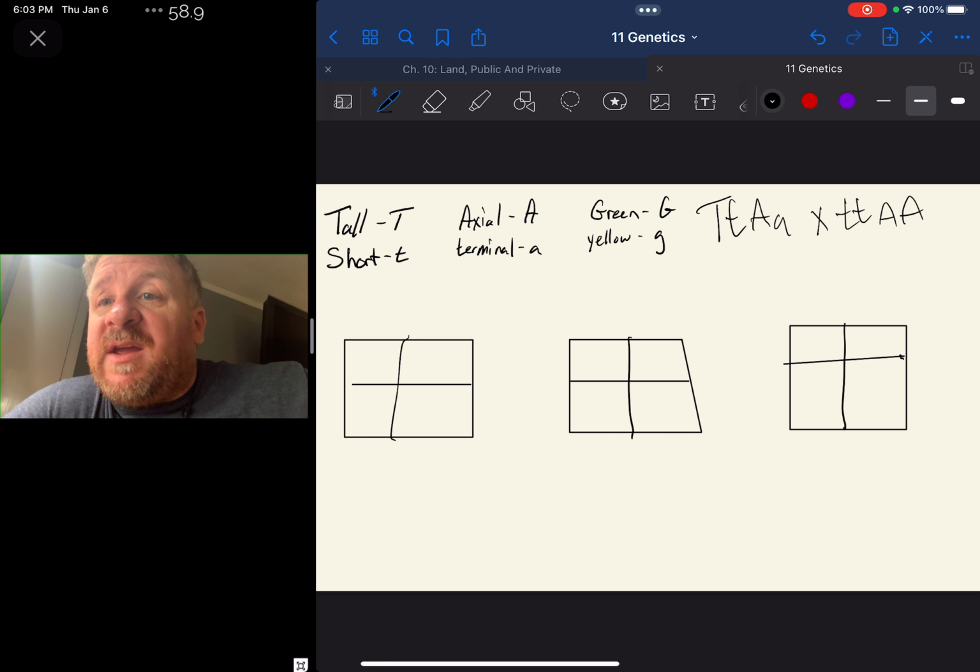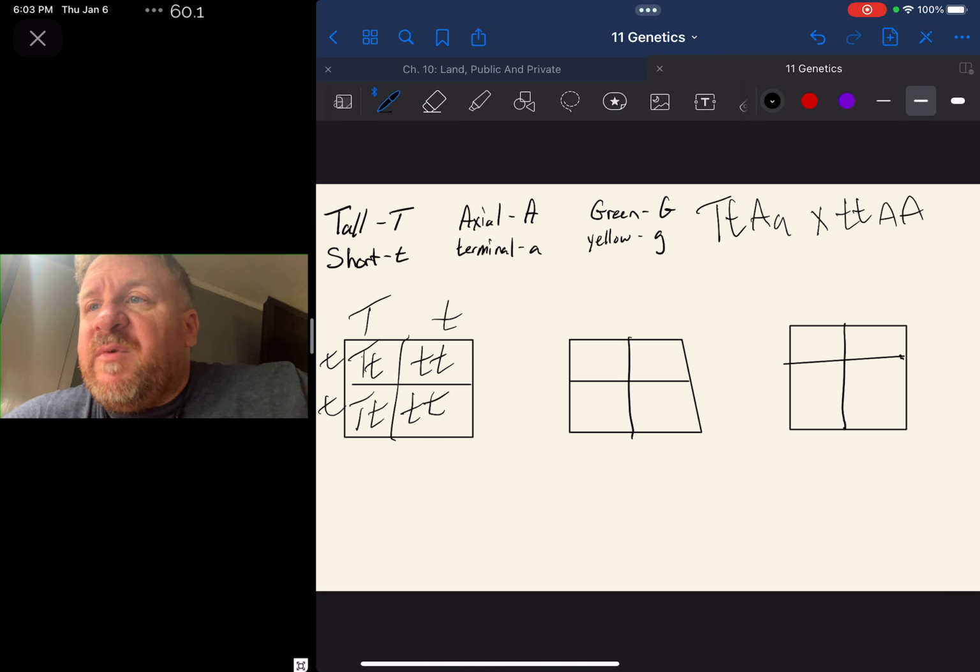The T is heterozygous and recessive. And then with the A's, we've got a heterozygous and a homozygous dominant.